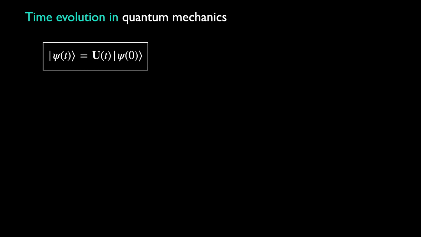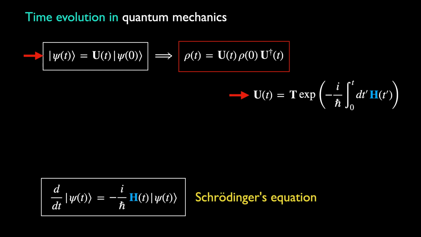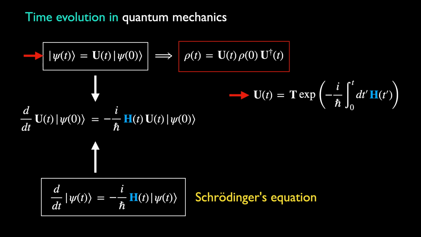Thus, even for a time-dependent H, the state vector evolves by a unitary transformation. This implies that a statistical operator transforms in the same way as before, but with a more complicated unitary operator. From the unitary transformation of the state and the Schrodinger's equation, the time derivative of this unitary operator is apparent.